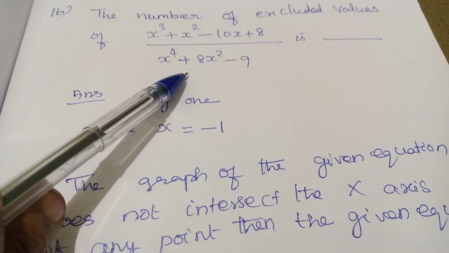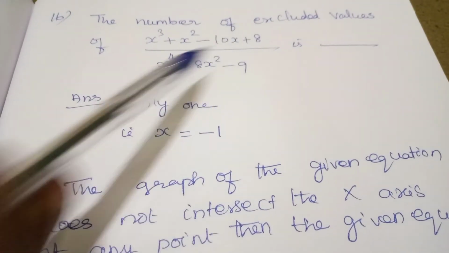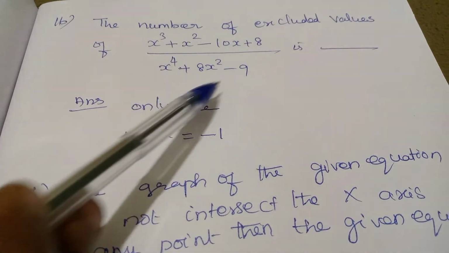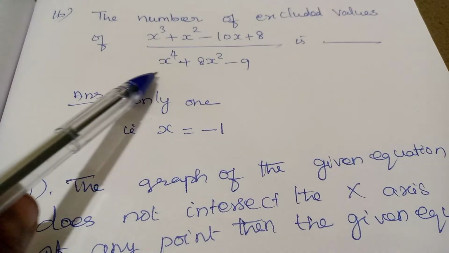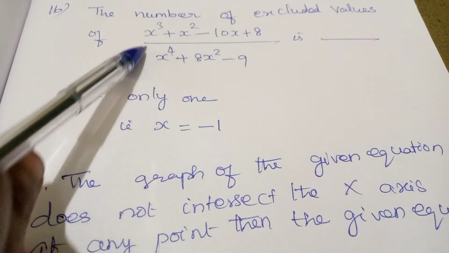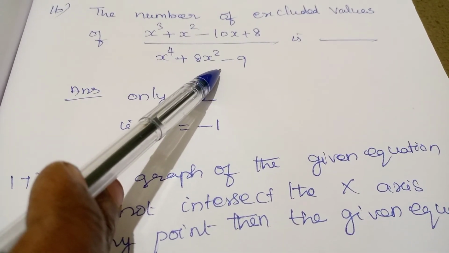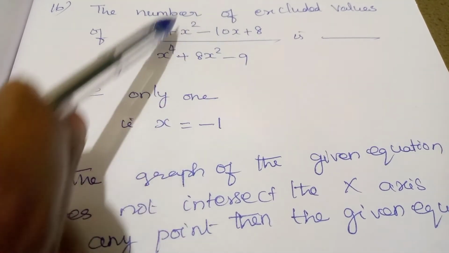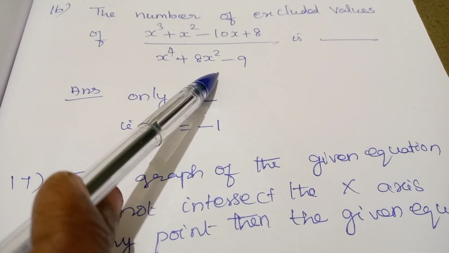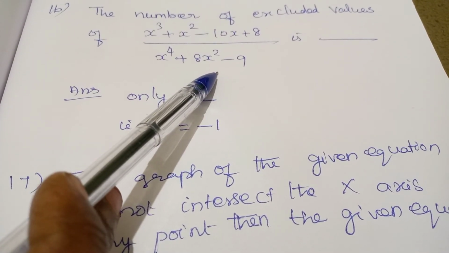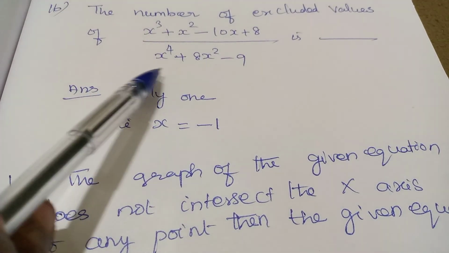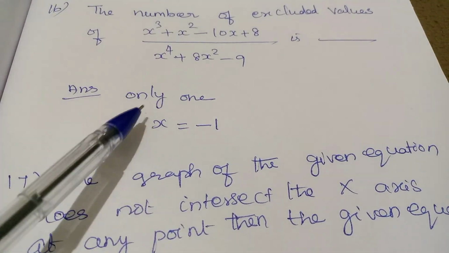So the number of excluded values they asked. We have to use only the denominator term. Denominator term we have to make 0. If the denominator is 0, the whole expression becomes undefined. Then we can say that is the excluded value. Only the denominator term we have to select and find the 0.